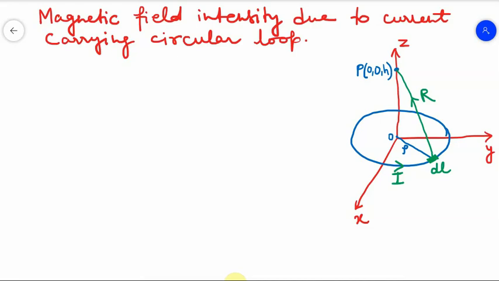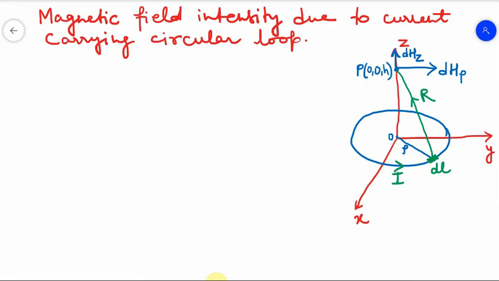We will have two components: one along the rho direction, that is dH rho, because we are considering the element dl, and another in the z direction, that is dH z, because it is lying along the z axis. We will see how it comes.